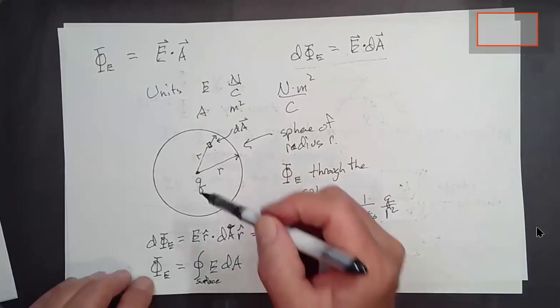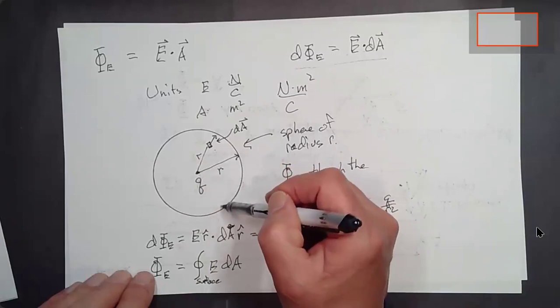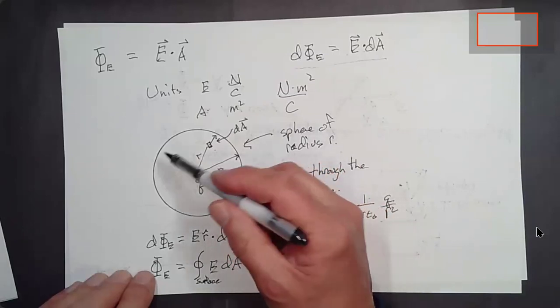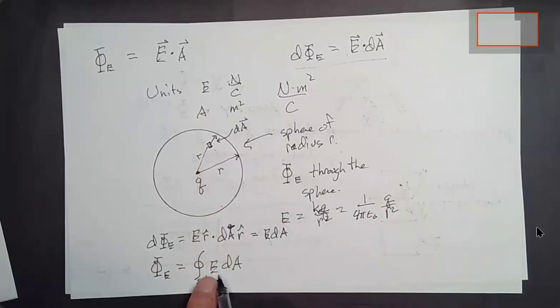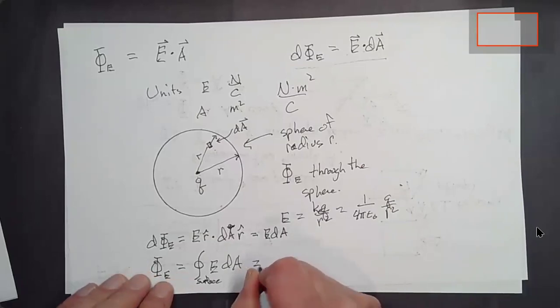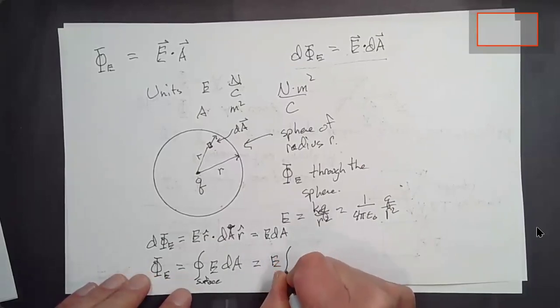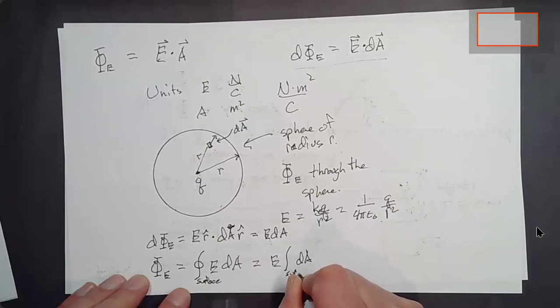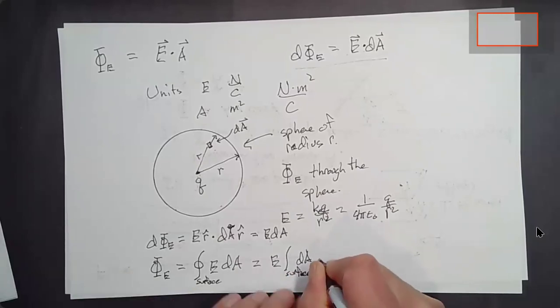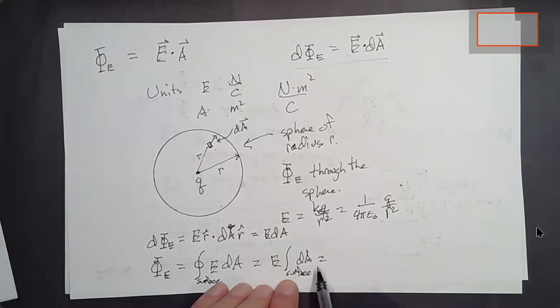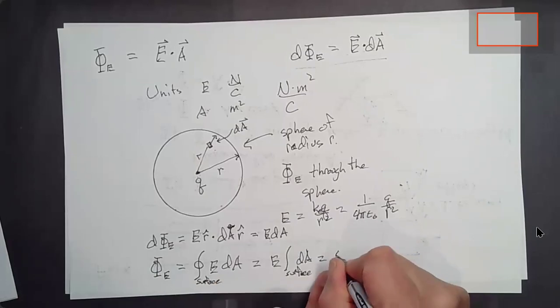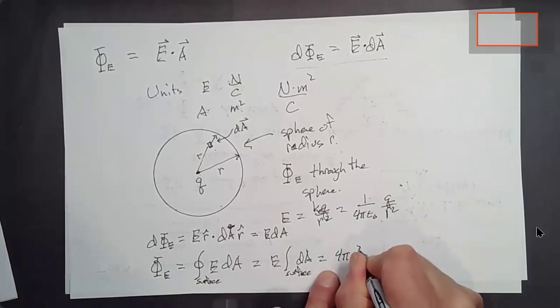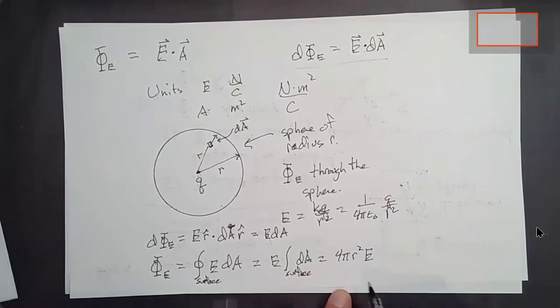Well, on the surface of the sphere, we will always be the same distance away from the charge Q. And so the electric field in magnitude, which is what we have here, is constant. It can come outside the integral. And so I've got E times the integral of dA over the surface of that sphere, which is the surface area of a sphere, 4πr². So the flux is 4πr² times E.